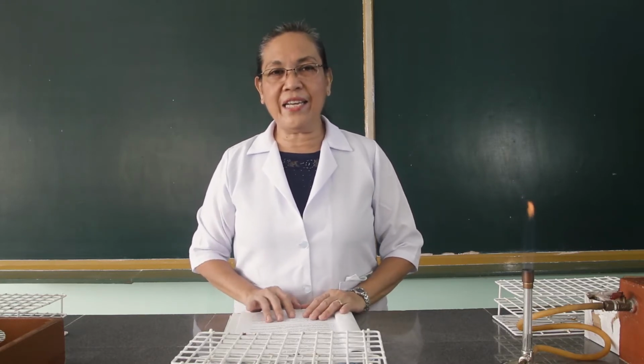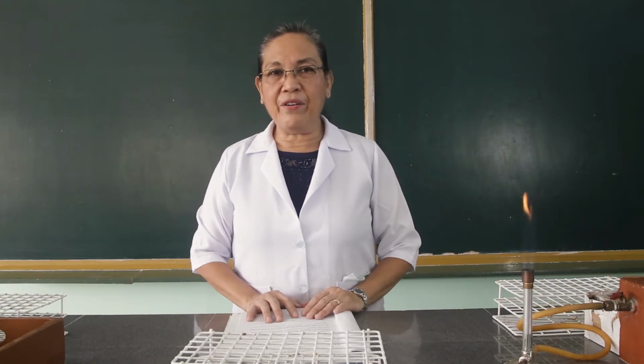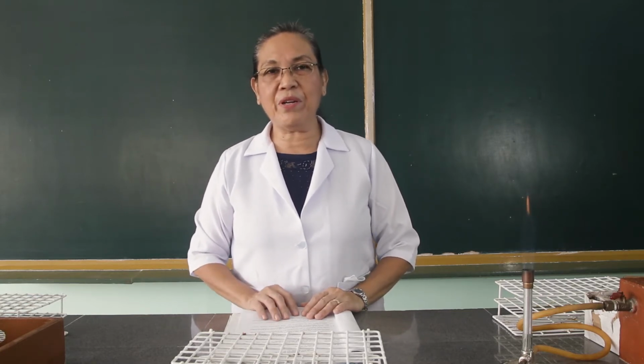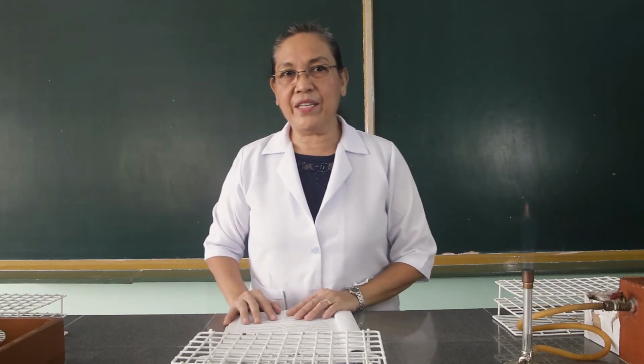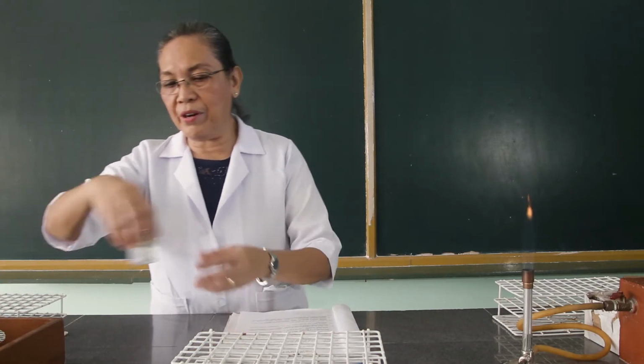So in analyzing the magnesium ion, we are going to add the magnesium chloride with ammonium carbonate first. So let's get some amount of the magnesium chloride and the ammonium carbonate.